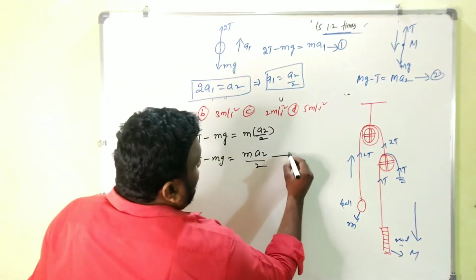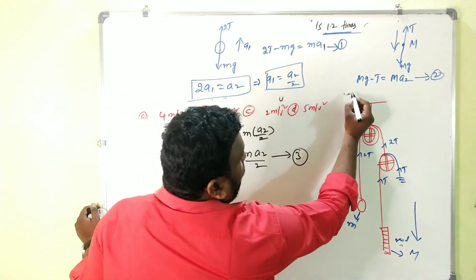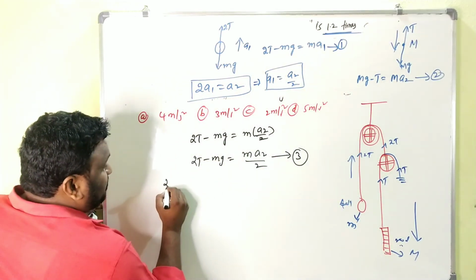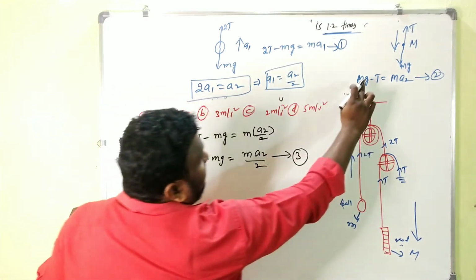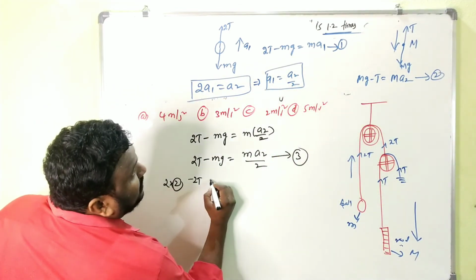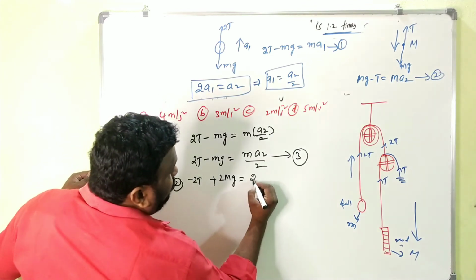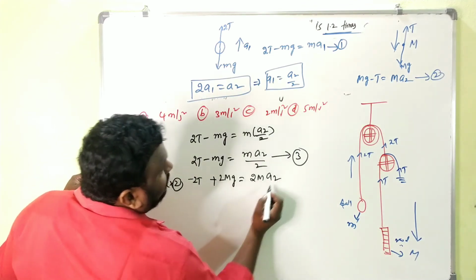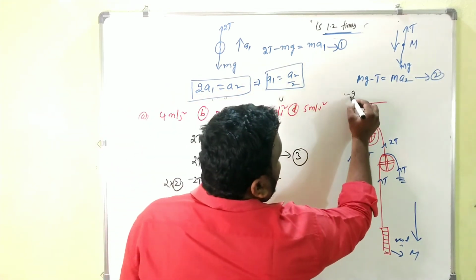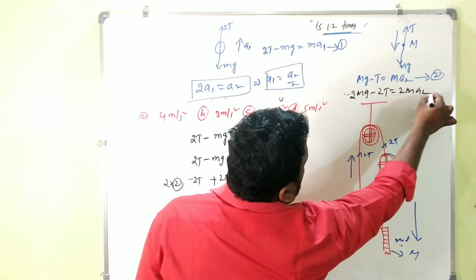So this is equation number 3. Now we are multiplying the second equation with 2. Then what you get here? 2Mg minus 2T is equal to 2MA2.